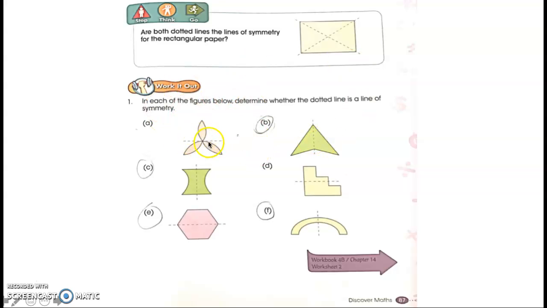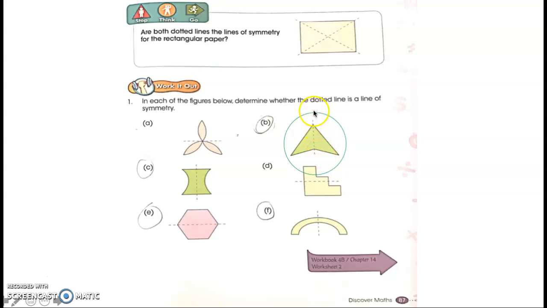Look at this A. If you fold from here, the 2 parts will not overlap each other without any deviation, right? So this is not a correct line of symmetry for this. But you can draw a line of symmetry for this. What if I draw a line from here and ask you to fold? Yes, but this line is not a line of symmetry for this.